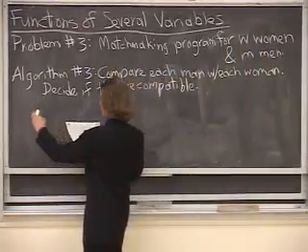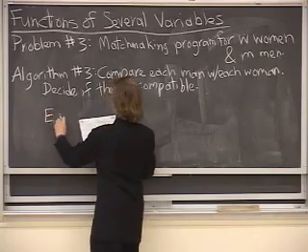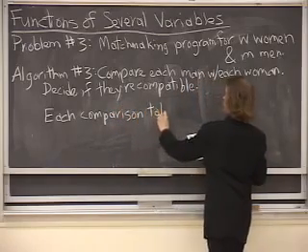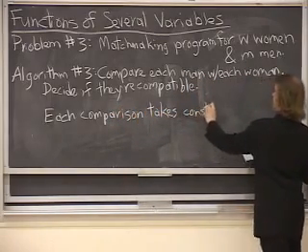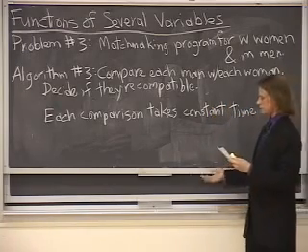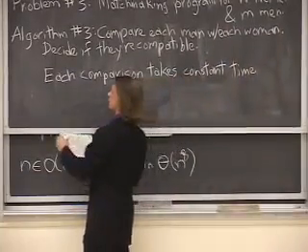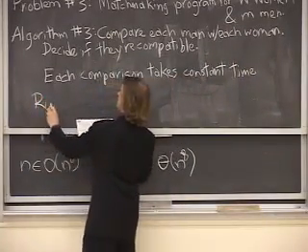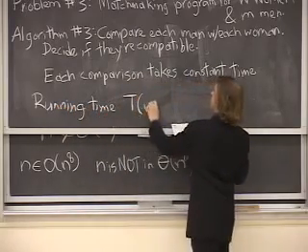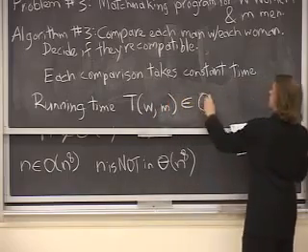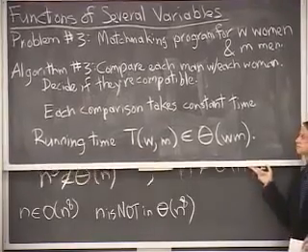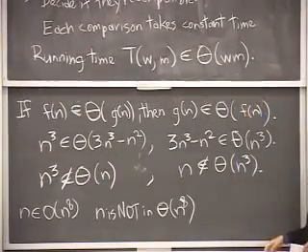They might have a different story, but so now, hopefully it's pretty obvious why the running time, let's call it T of W comma M, is in big theta of WM. The number of women times the number of men.